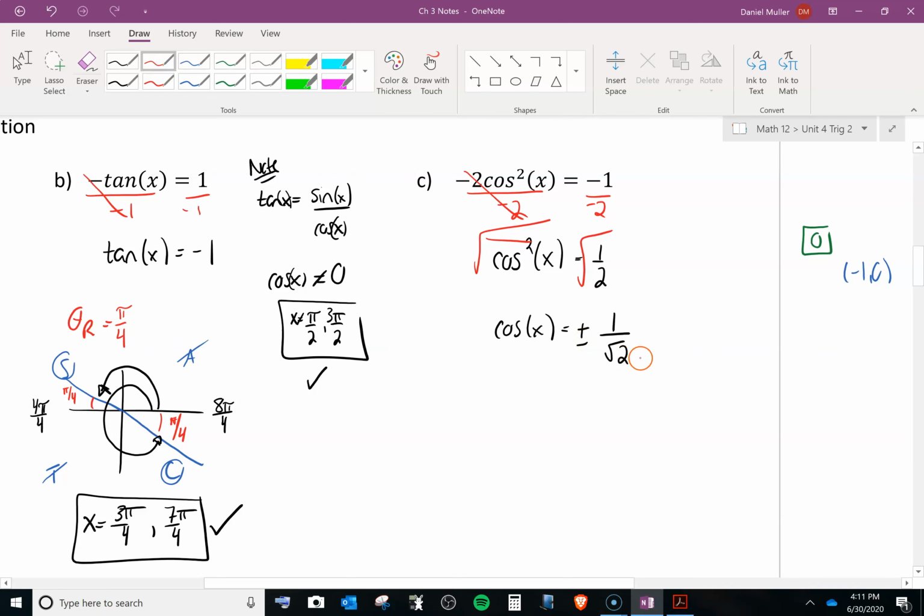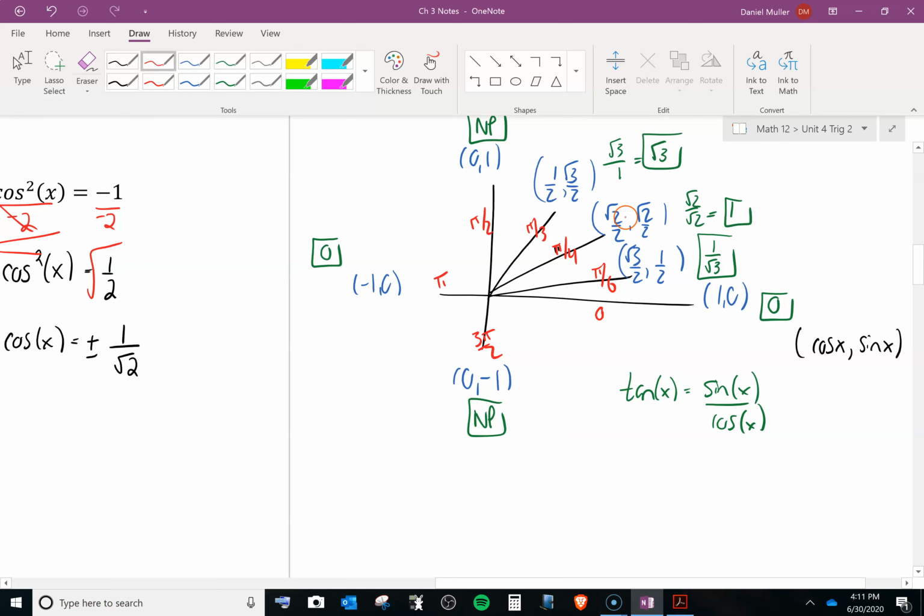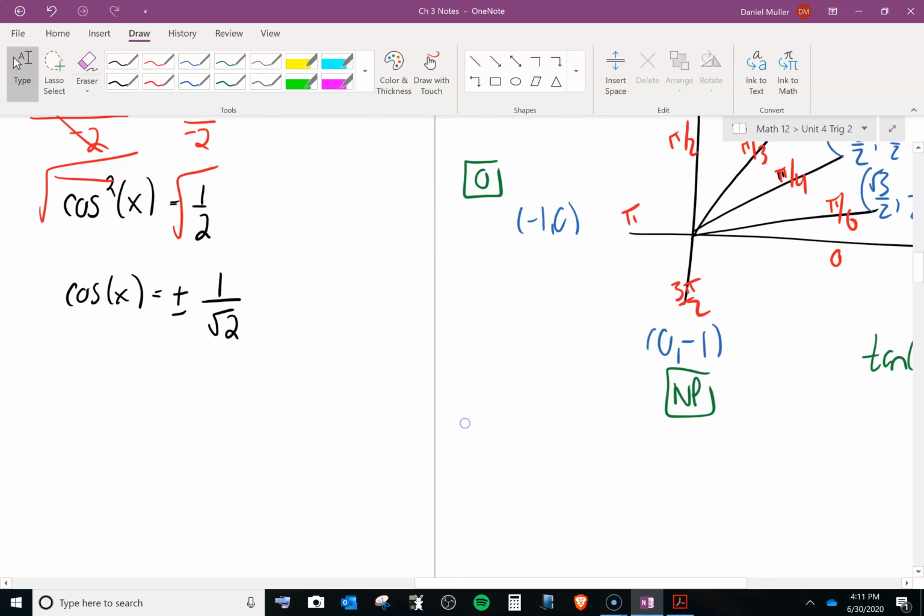Now, this is very useless to us. It's not helpful at all. So it's incredibly useless, I should say, because none of my answers are 1 over root 2. I have 1 over 2, but I don't have any 1 over root 2s. So if you actually rationalize this, and you say, well, I don't want the square root on the bottom, then cos of x is equal to plus or minus 1 times root 2 is root 2, and root 2 times root 2 is root 4, and the square root of 4 is just 2.